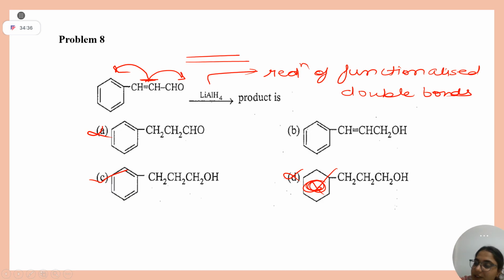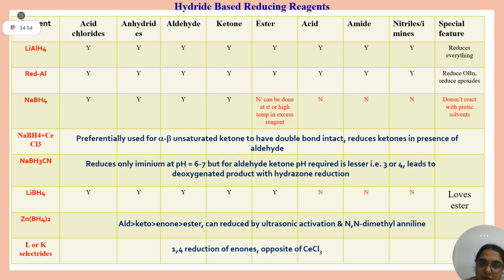Am I not able to explain, Pooja? Is this correct? Yes, ma'am. LiAlH4 also reduces conjugated double bonds. Okay, you can write it in your notebook.